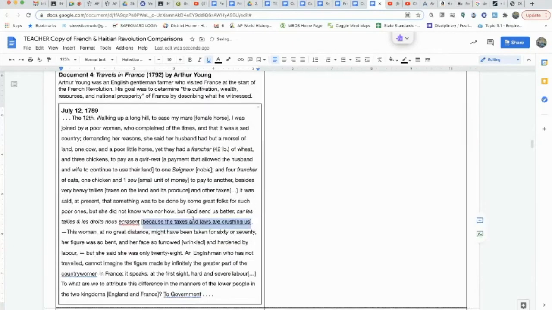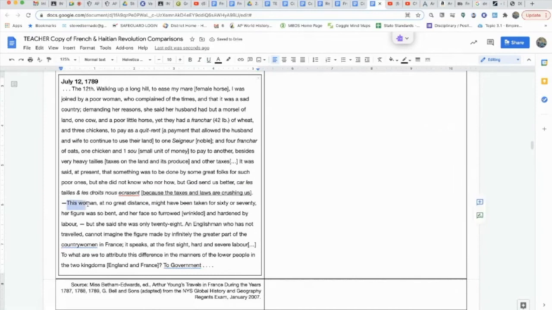We can make notes. This woman, at no great distance, might have been taken for 60 or 70 years old. Her figure was so bent, her face so furrowed and hardened by labor. But she said she was only 28. What? Come on.